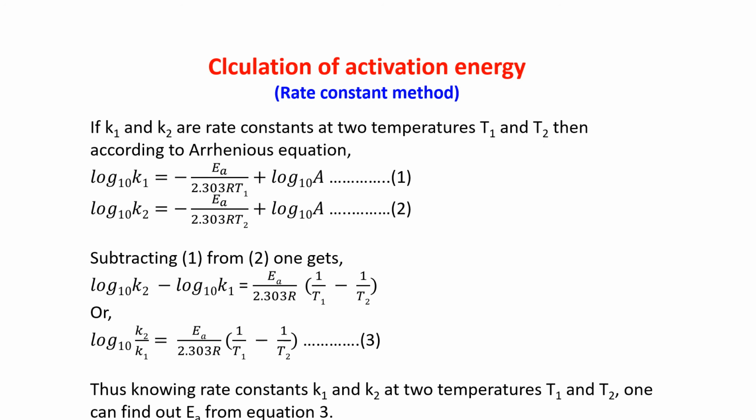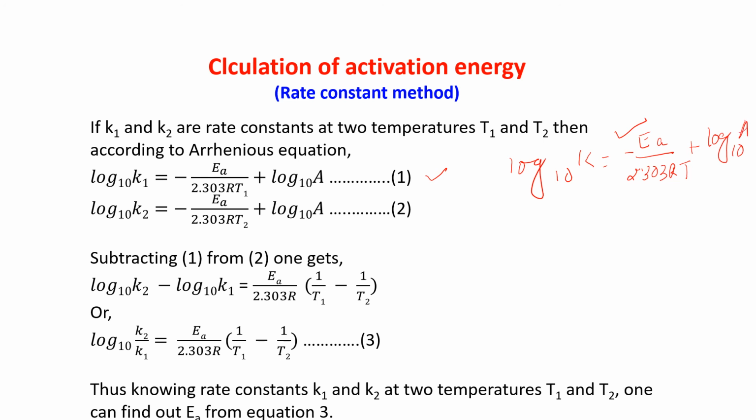If K1 and K2 are the rate constants at two temperatures T1 and T2, then according to the Arrhenius equation, you can write log10 K1 is equal to minus Ea by 2.303 RT1 plus log10 A. That means our equation actually is log10 K is equal to minus Ea by 2.303 RT plus log10 A.